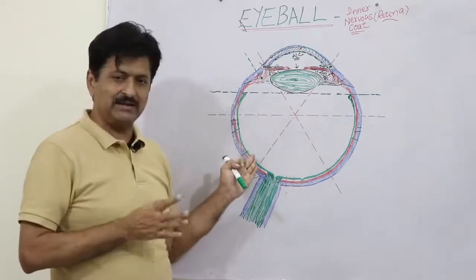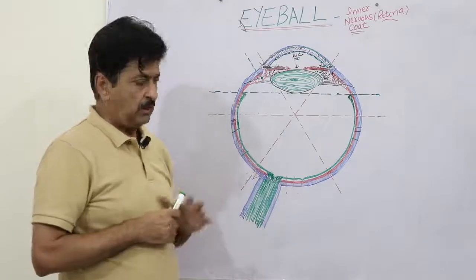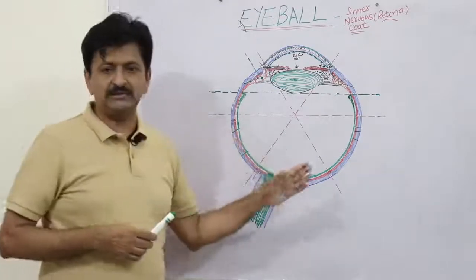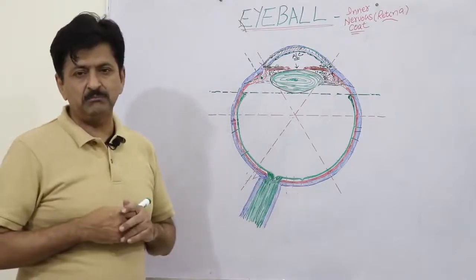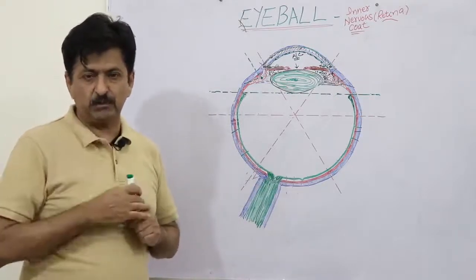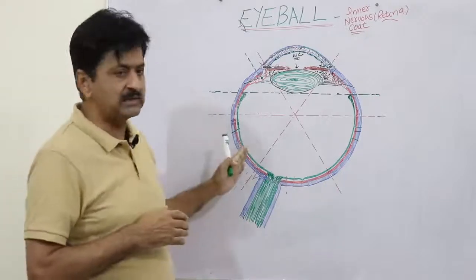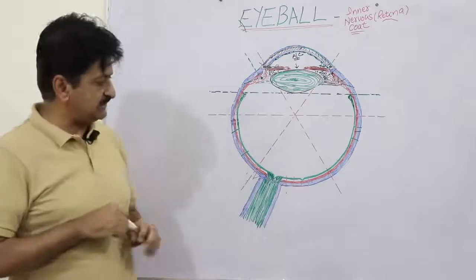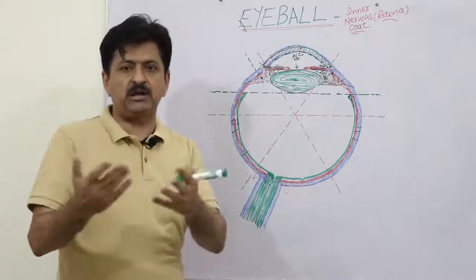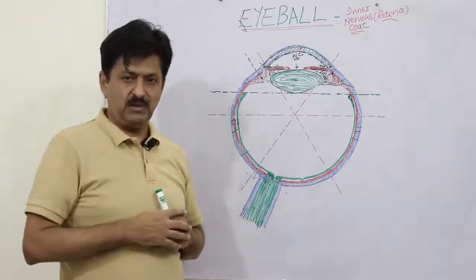Retina lives there. As far as the retina is concerned, it is the last thing that we are discussing, but from the developmental point of view, the retina is the first thing that develops. In fact, it is the gift of the brain to the eyeball structures.